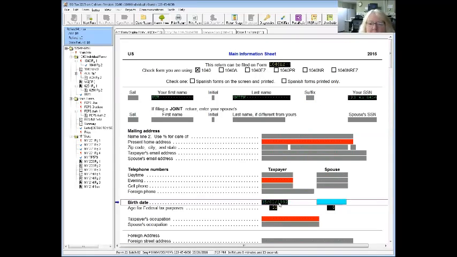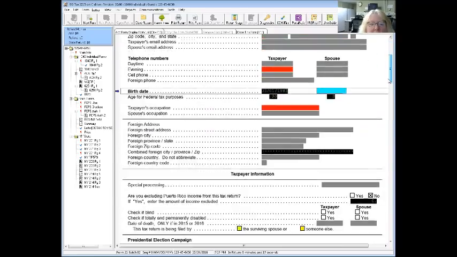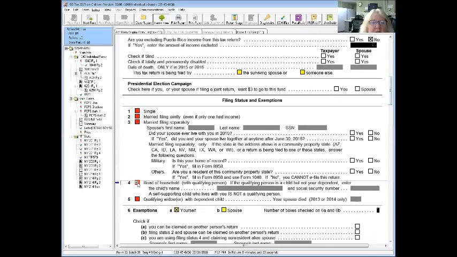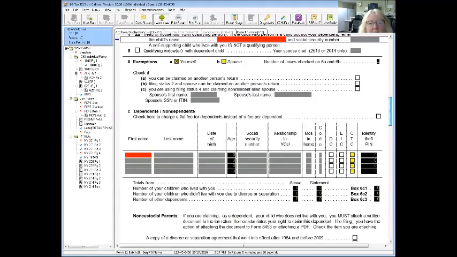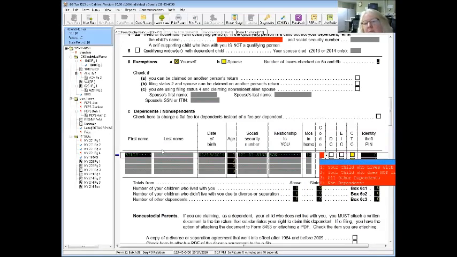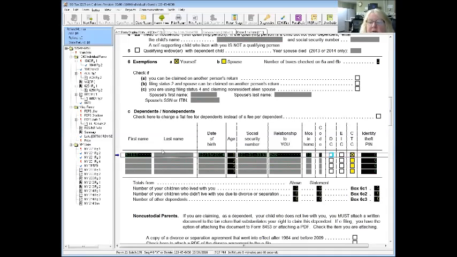Okay, so we're going to say that Sue Smith is head of household and she has Billy Smith, and that's her son. He lived with her all 12 months, and that is her child who lives with her, okay?